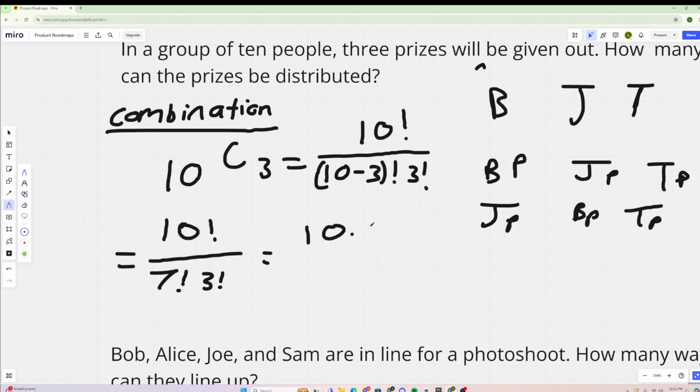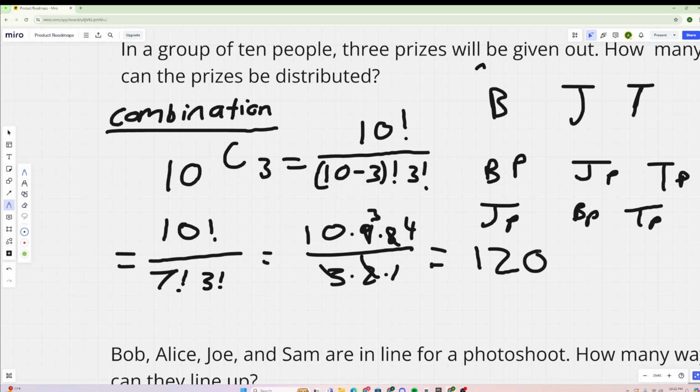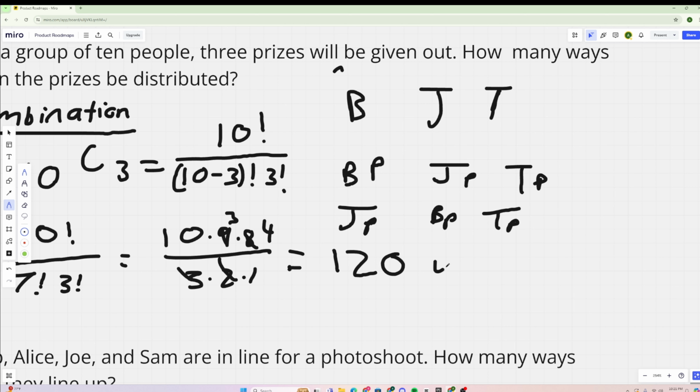So 10 times 9 times 8 over 3 times 2 times 1, because the 7 factorial canceled out. So we get 120 ways that the prizes can be distributed.